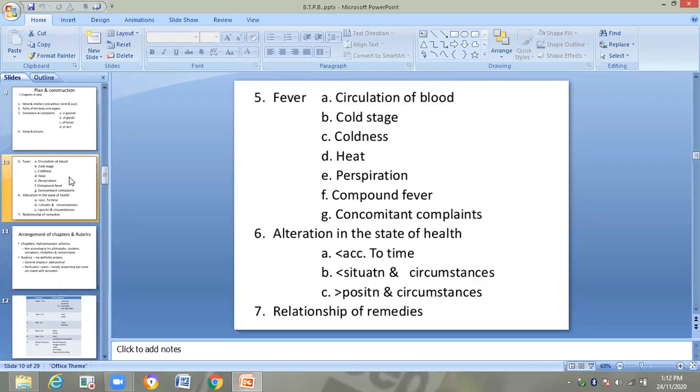So in this way, in the second part, that is parts of body and organs, there are about 32 subsections.